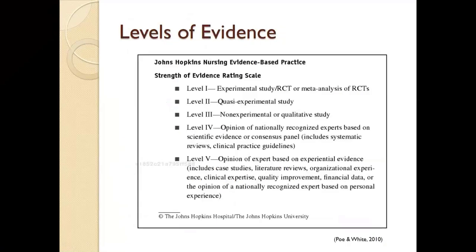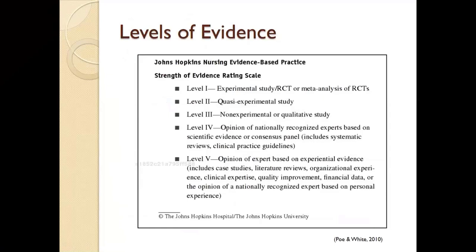So here's a level of evidence from Poe and White. The very best is at the top, so level 1. The very best evidence is going to be from an experimental study that's a randomized controlled trial, RCT. The participants are chosen at random, and that's the highest level.